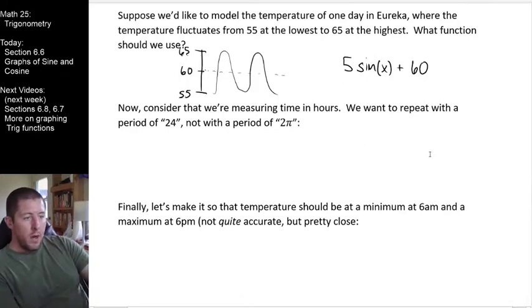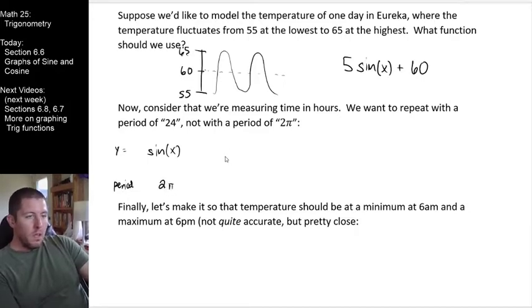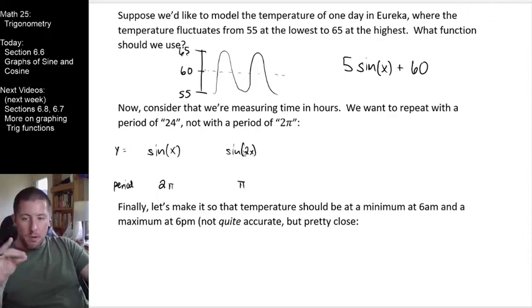So here's what I'm seeing for myself here. Sine of x has a period, so I'm going to say y equals sine of x, and our period is 2 pi. We saw things like sine of 2x has a period of only pi. So I know that multiplying by something makes my period shorter.